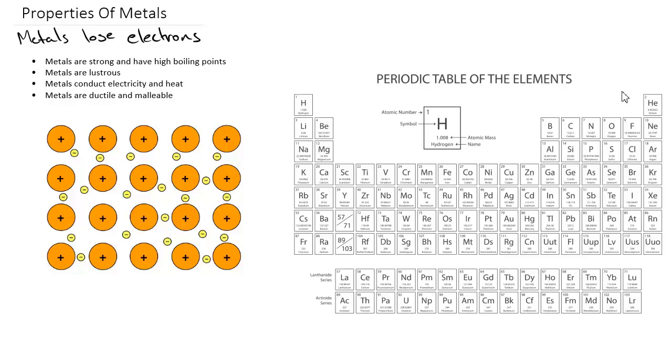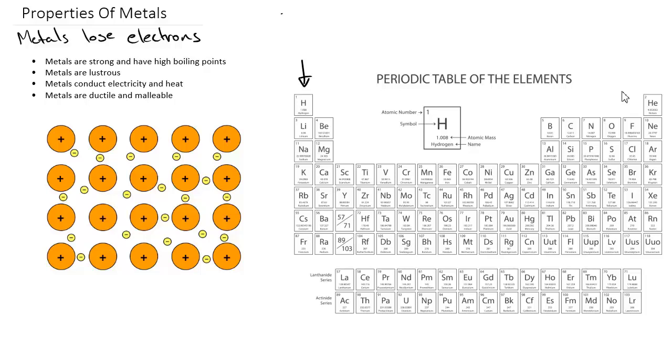Now we know from our study of the periodic table that elements that lose electrons tend to be on the left-hand side of the periodic table. So if you look at this group here, lithium, sodium, potassium, and all the way down the group, these are very, very reactive metals.